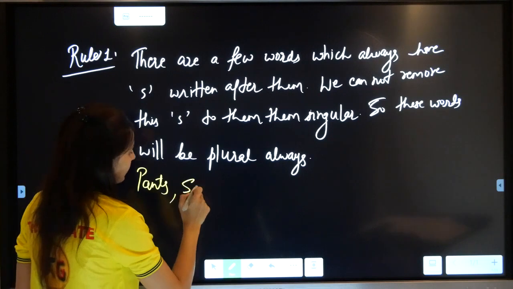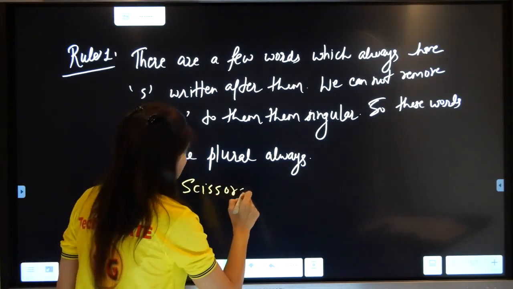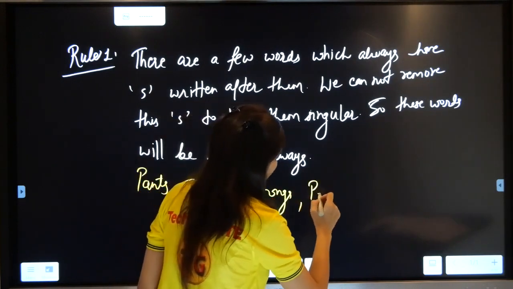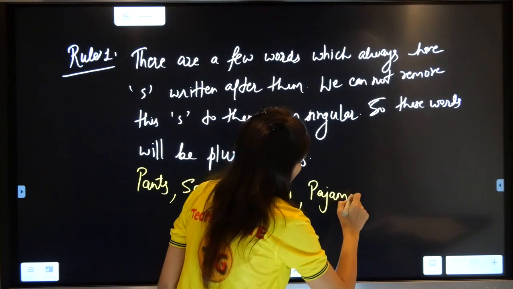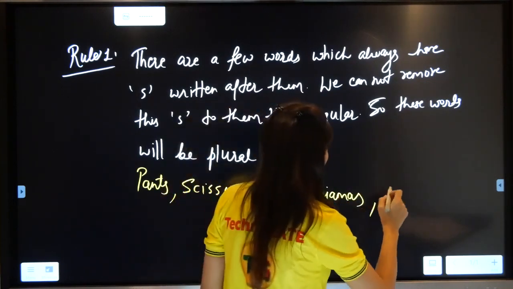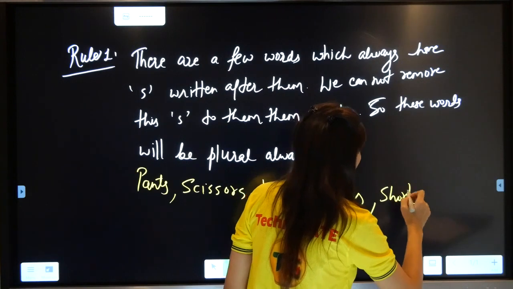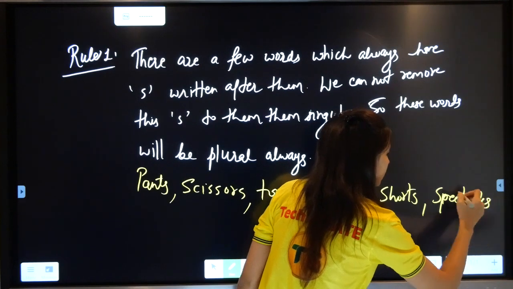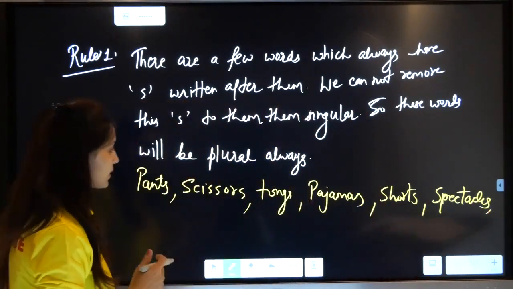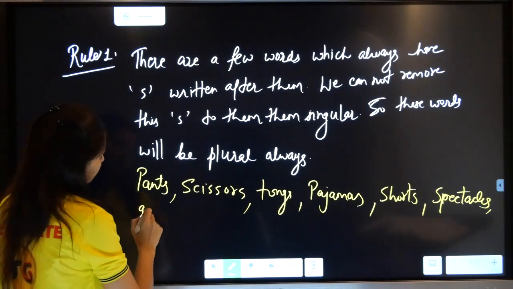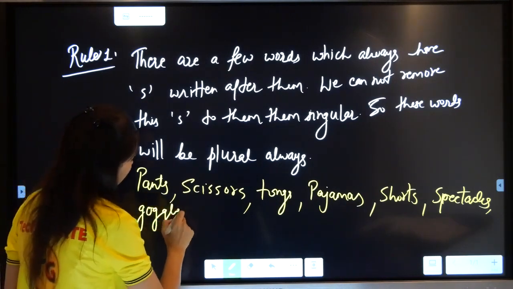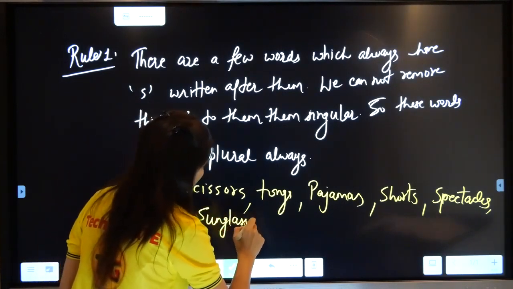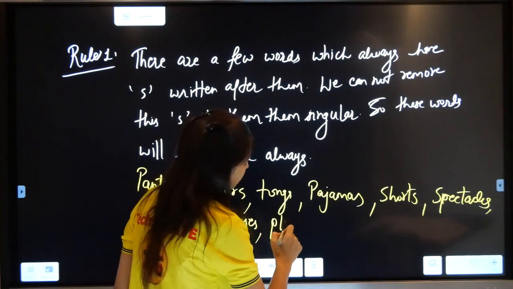Pants, scissors, tongs, pajamas, shorts, spectacles, the eyesight glasses, goggles, sunglasses, pliers.